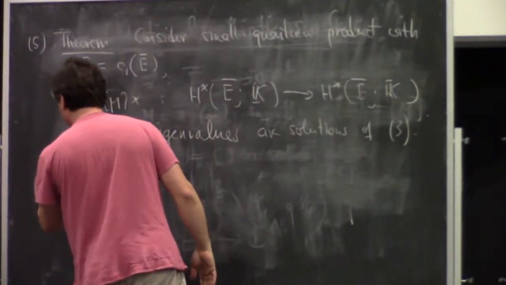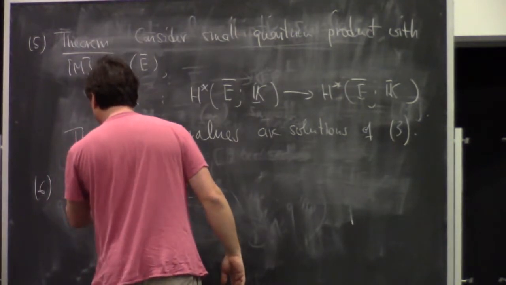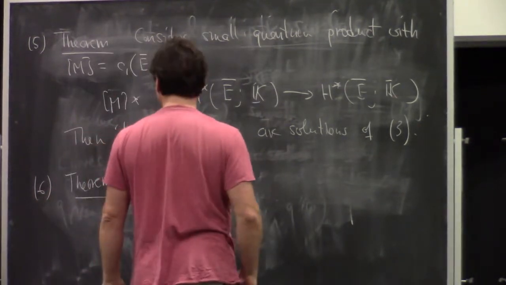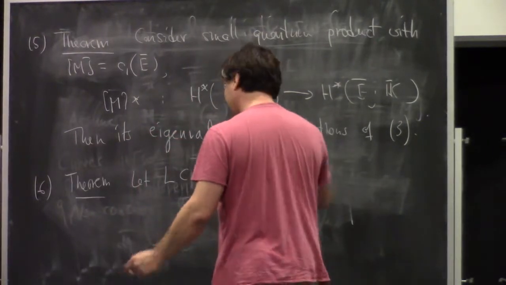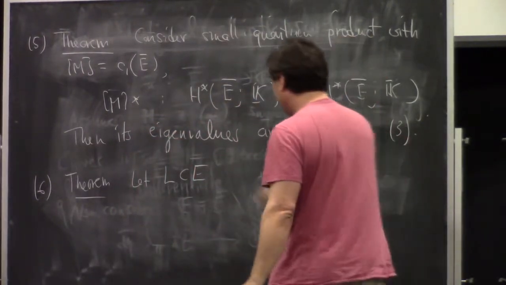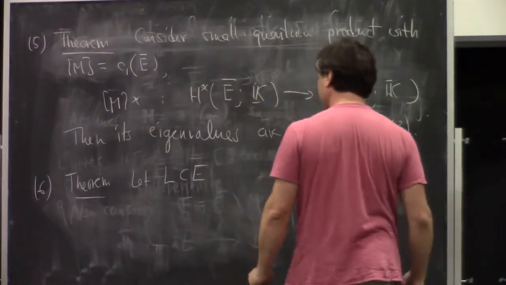So here's another theorem, which is related. So let L in E, I'm sorry, I didn't have enough space to keep all the notation on the board. E is the things that are disjoint from the fiber at infinity.